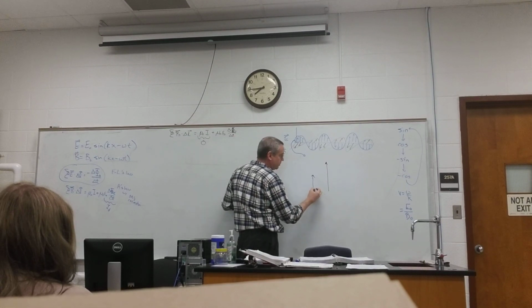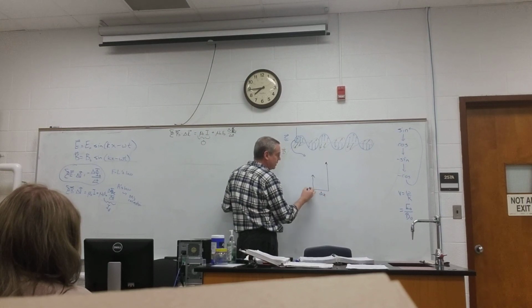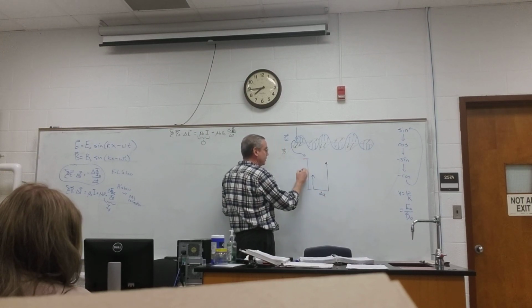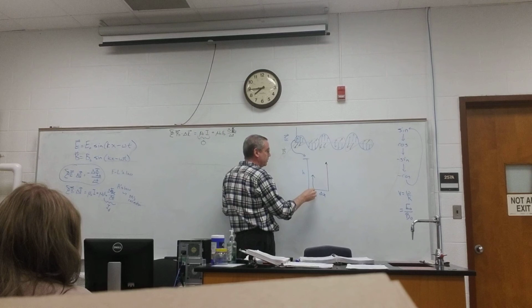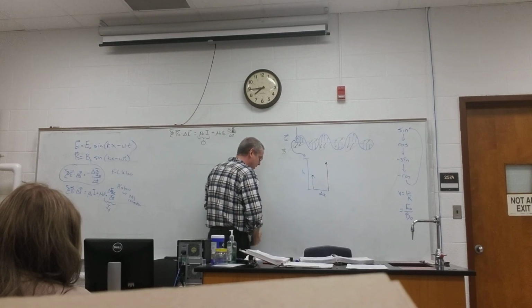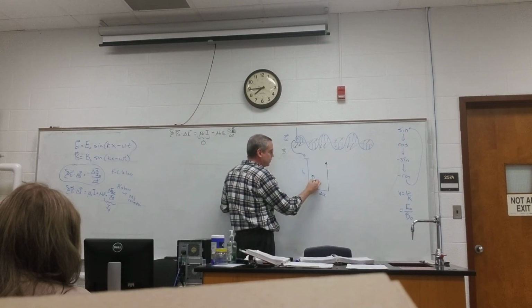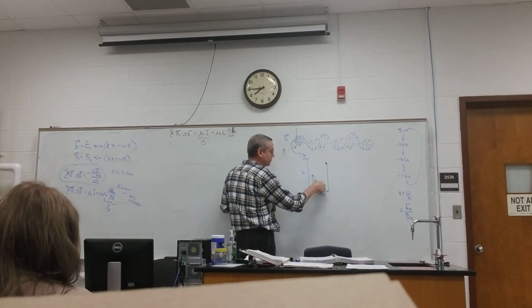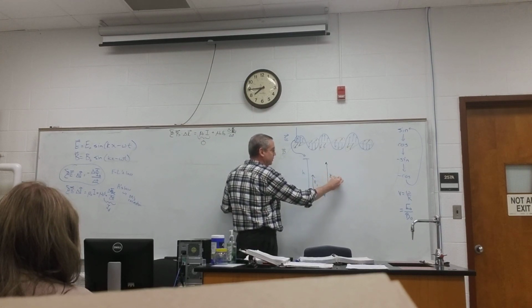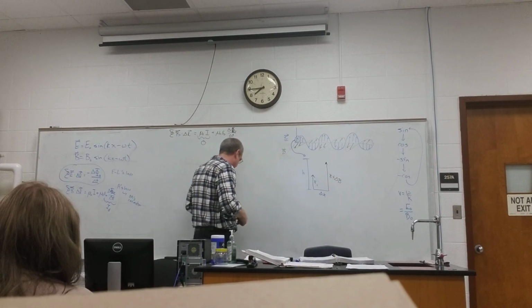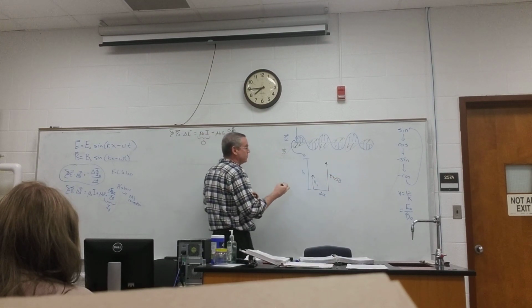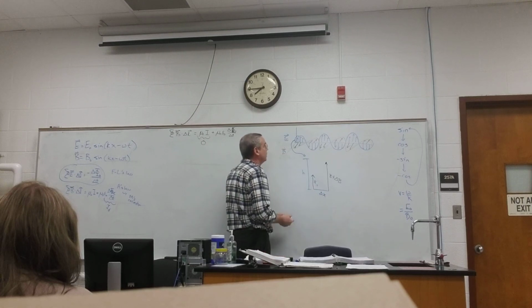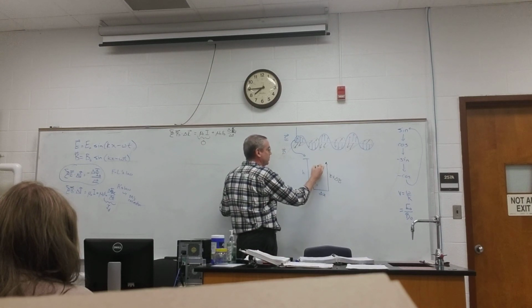The distance between them this way is delta x, and the height is h. This is B right here, and then B plus delta B. The path we're going to, and my electric field is going into the board.